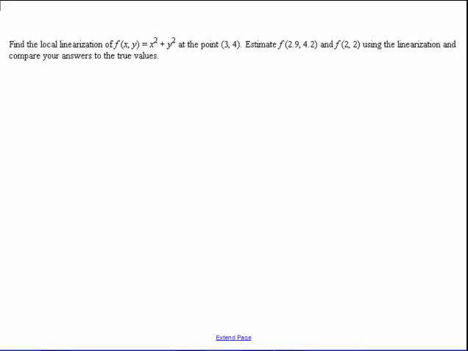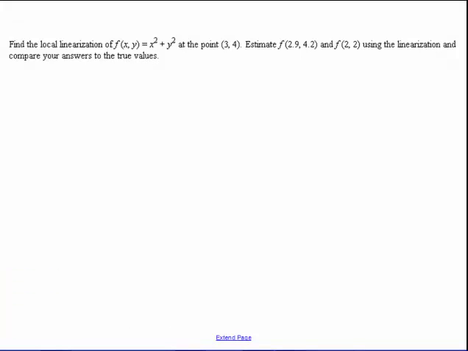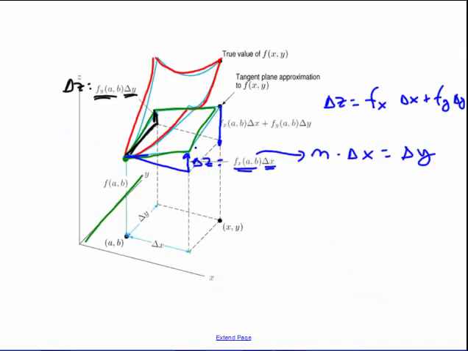All right, so we've already done this, finding the local linearization, but let's now use it to estimate some points and just see how well it works. If we look back to when we did this problem already, let's use that equation that we developed.